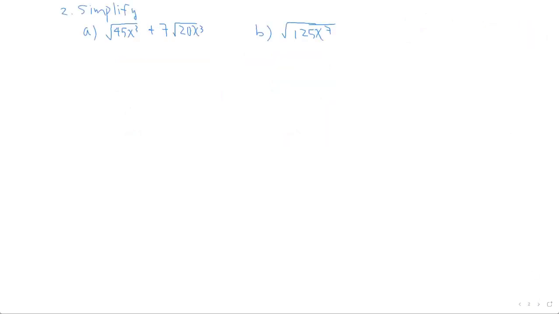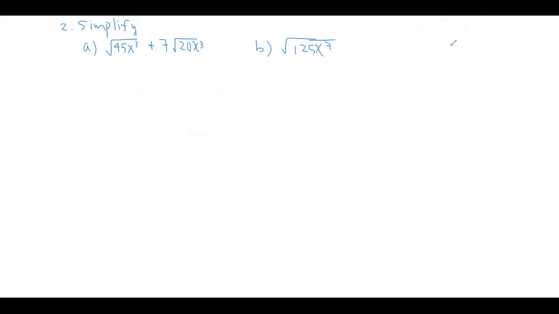And in the next example, we need to simplify radicals. Here, this is the square root of 45. 45 is not a perfect square, right? But this 45 has a perfect square factor.